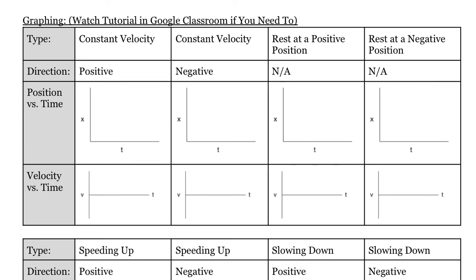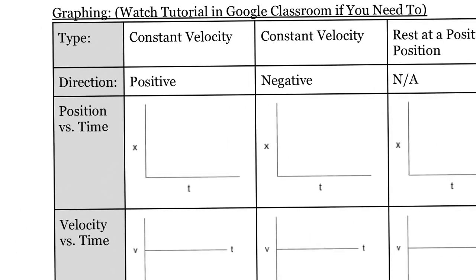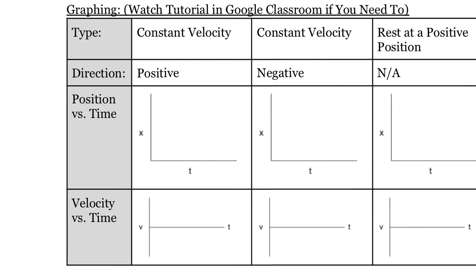The first one we're looking at tells you the answer to your 2 questions, so we'll know how to graph it based on those answers. This one's constant velocity, you see that here, constant velocity graph. And our direction is positive.